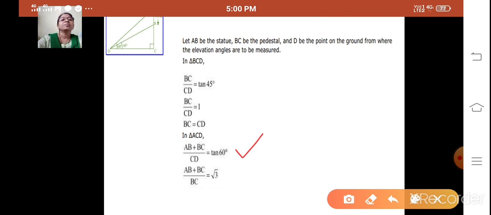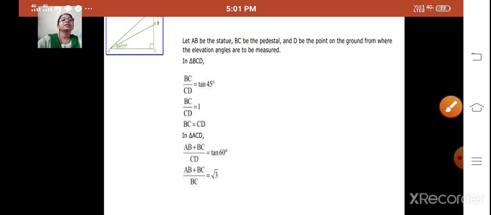So AB plus BC. Now here BC is equal to CD. So you replace this denominator CD by BC, and tan of 60 degree is equal to root 3. So you will get the equation (AB plus BC) upon BC is equal to root 3.